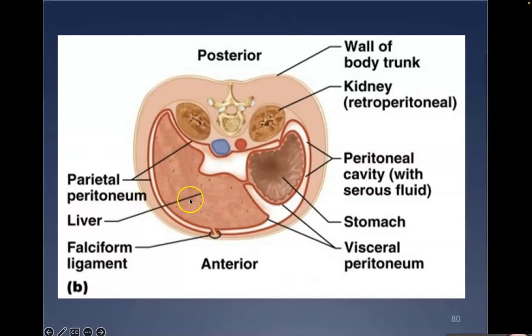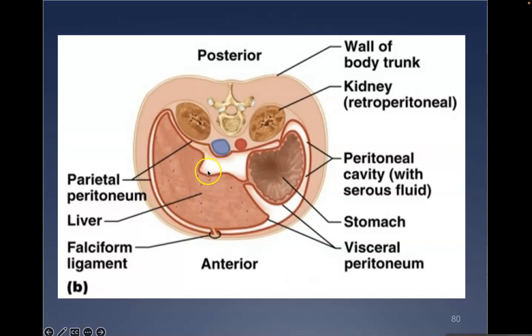Now, lastly, we have the peritoneum. Remember, the peritoneum is the double lining that surrounds your abdominal organs. Just like all of the other cavities, there's going to be a parietal and a visceral layer. Right up against the abdominal organs is the visceral peritoneum.